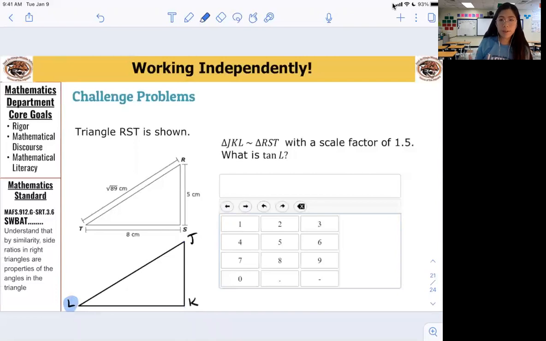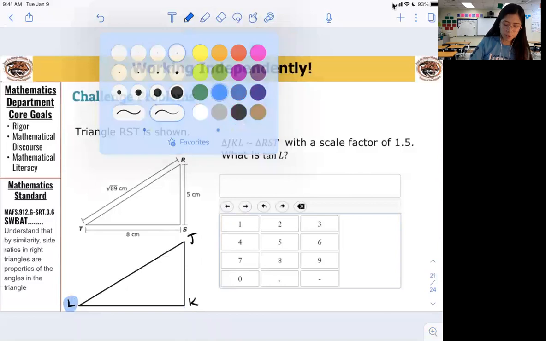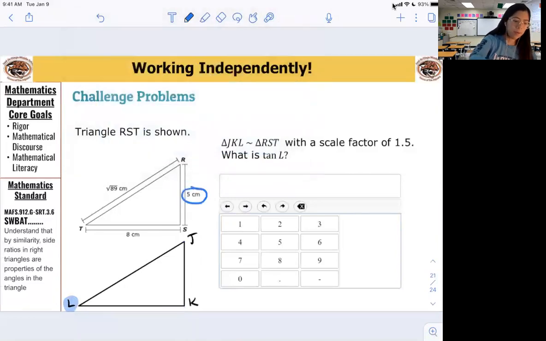We know that the scale factor is 1.5. So what you could do is go to each of these and multiply it by 1.5 to figure out the other triangle. So 5 times 1.5 is 7.5. 8 times 1.5 would be 12. And then the square root of 89, what is it?